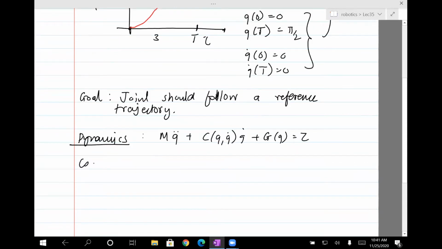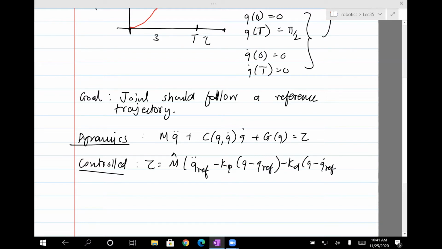The controller, however, is going to be slightly different, not too different from what we had before. What we do is we write the torque as m hat like usual, and then we specify qd double dot, my bad, this should be ref, minus kp (q minus q ref) minus kd (q dot minus q dot ref), and that should be derivative, plus g hat q plus c hat q dot times q dot.